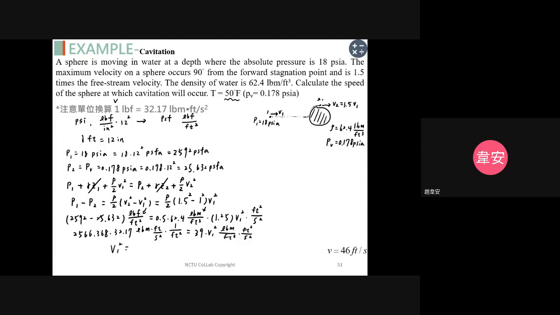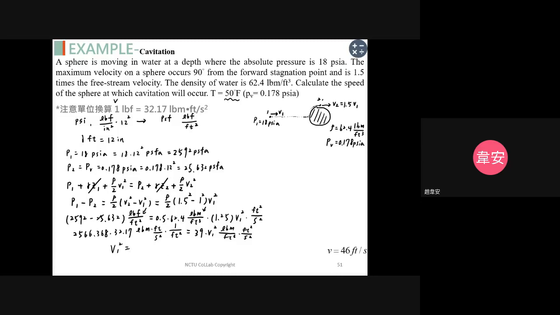Finally, we know that V1 squared will be equal to 2566.368 multiplied by 32.17 and divided by 39.